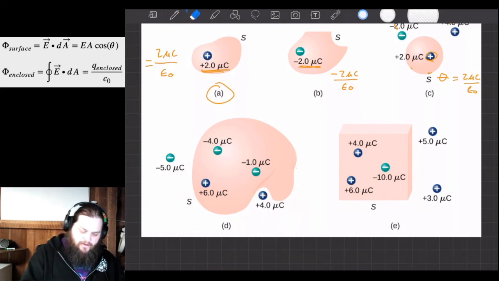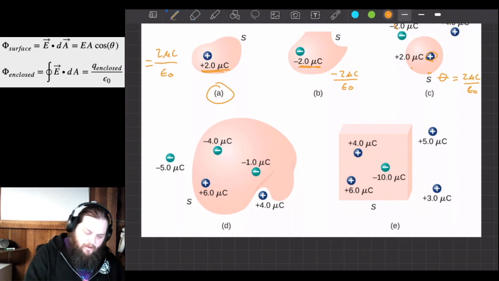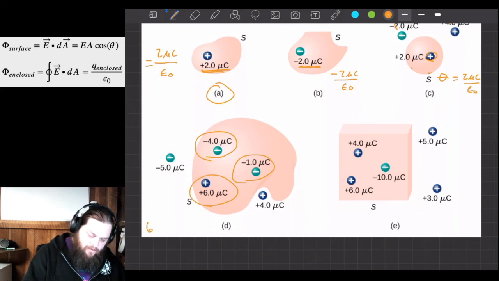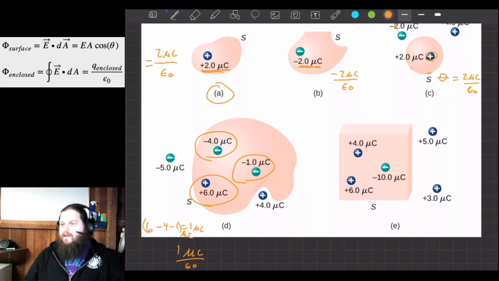The net flux of this one is 0. The only ones we have to worry about are these guys here. And if we add these up, that's 6 minus 4 minus 1, which is equal to 1 microcoulomb. These are all microcoulombs. So that would be 1 microcoulomb divided by epsilon naught. And that's going to be our flux for that situation.